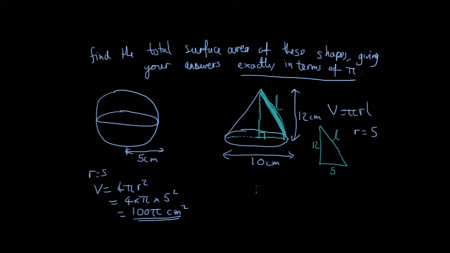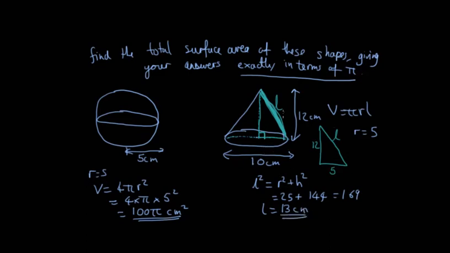We can now use Pythagoras' theorem to find L. We know that L squared equals r squared plus h squared, which is 25 plus 144, which equals 169. So taking the square root, L is going to be 13 centimetres.